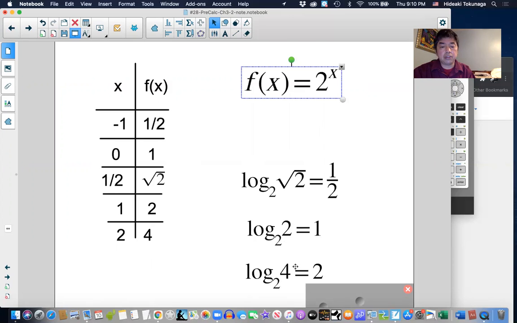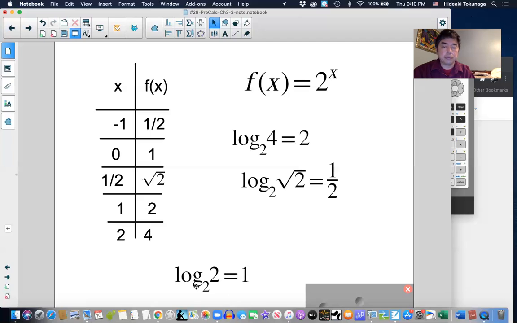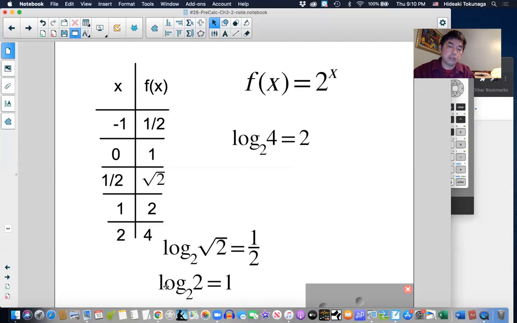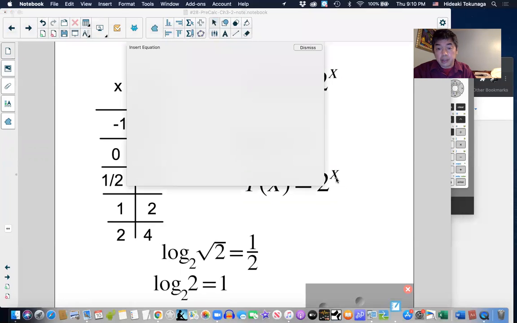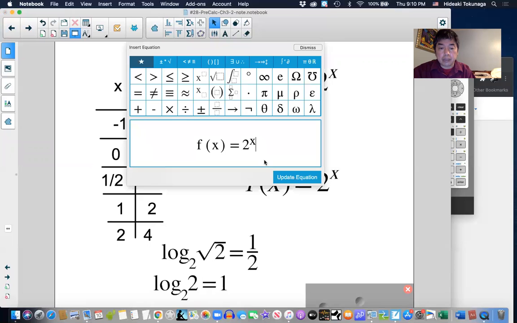I use this one as an example because it's the easiest example. 2 to the second power is 4. So now I will put this value, then this will show up, right? Instead of this exponent, I erase this and type log base 2 of 4.